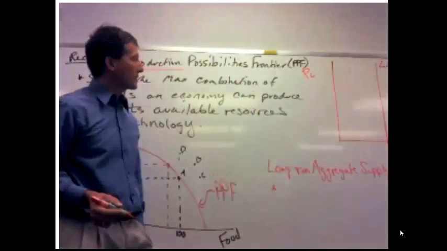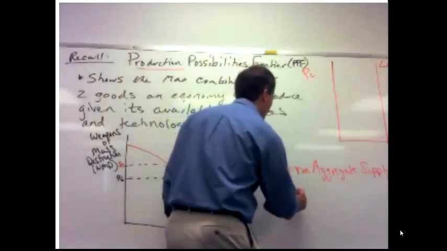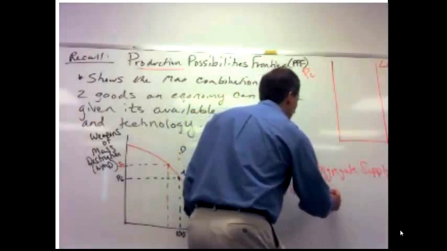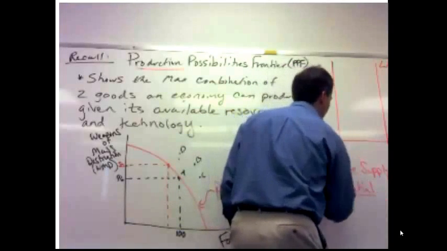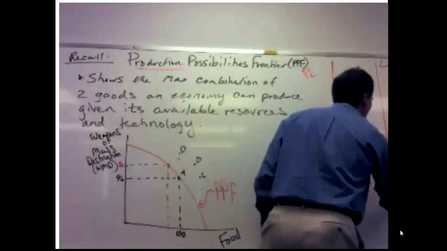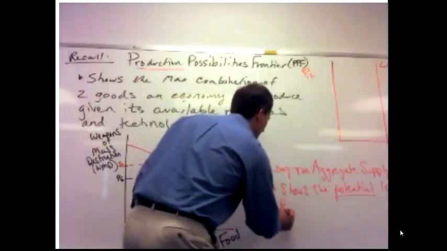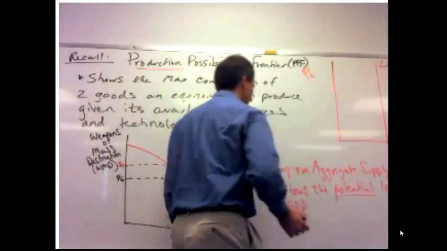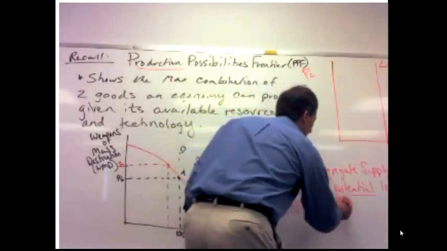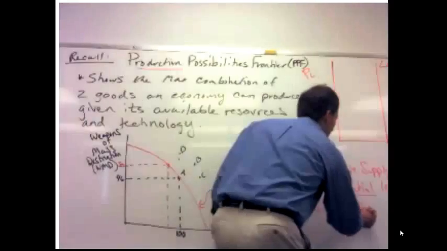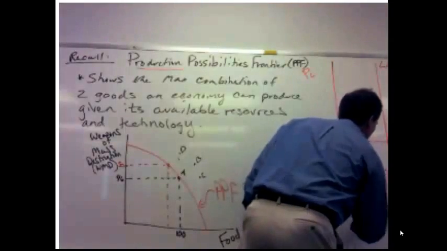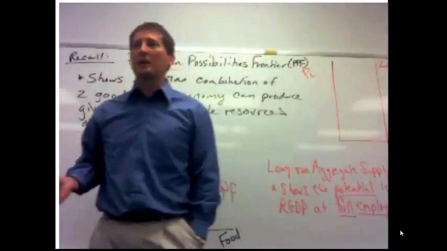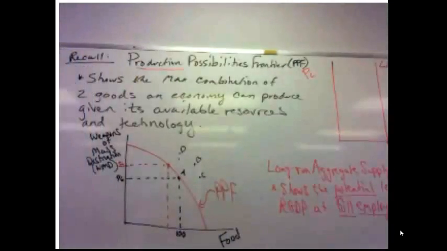Long run aggregate supply shows the potential level of real GDP at full employment. So I'm sneaking in a new word on you. This is the first time I've introduced that. Full employment.